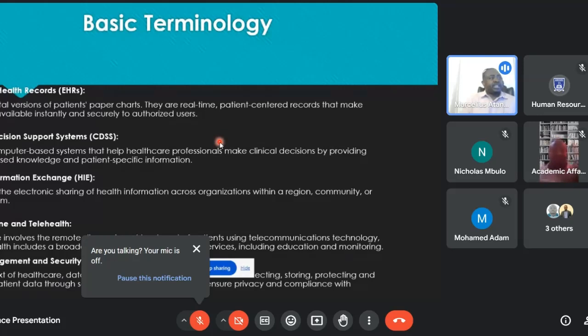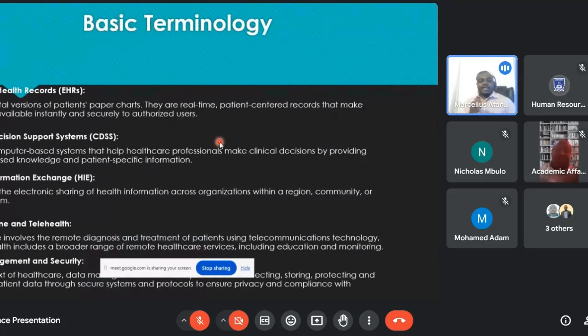Data management and security. Data management and security become the foundation of knowledge in public health. So you need to collect data from a patient to be able to make diagnostic decisions about that patient.